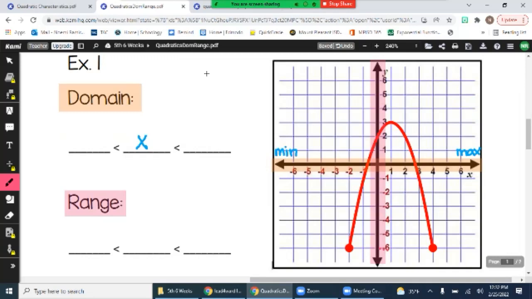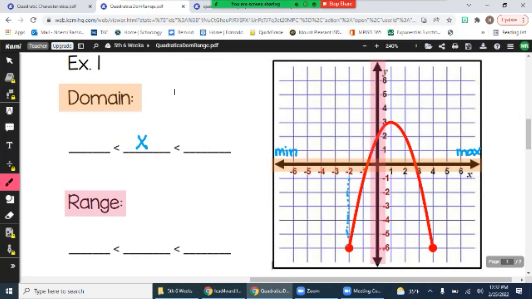That means to notate or to find the boundaries of the domain. Domain and range is all about finding the limitations, finding how far, what are our boundaries. So I'm going to put my pencil, pen, whatever it is, on the parabola, and I'm going to go as far as I can to the left because my lowest point is on the left, and see what number it lines up with.